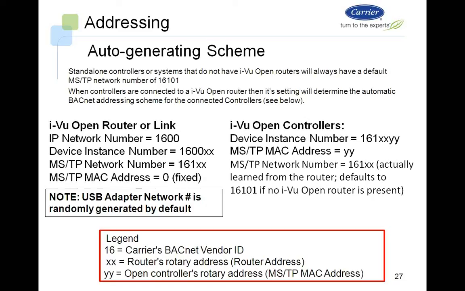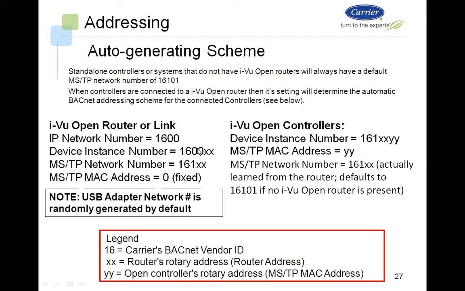If we look at how these addresses are generated automatically, if we look at an open router or link, the IP network number by default is 1600. The device instance of the router or link is 1600 plus the rotary switch settings, which are 00 by default and need to be changed from 00.